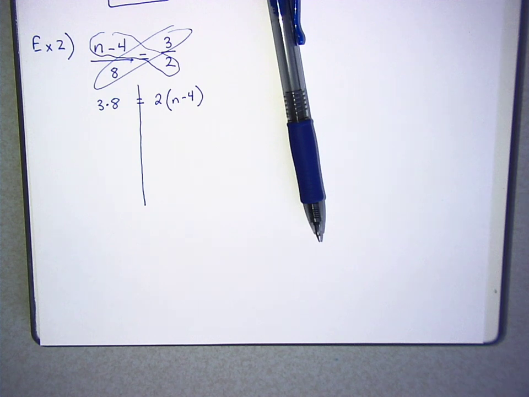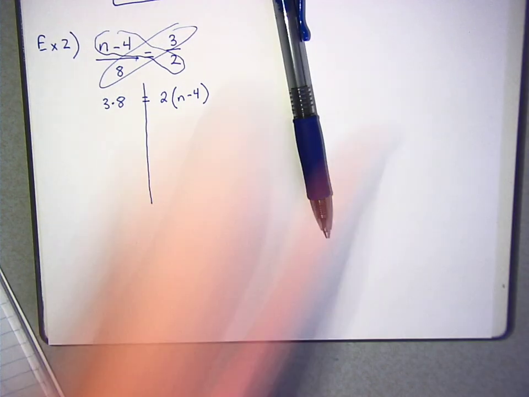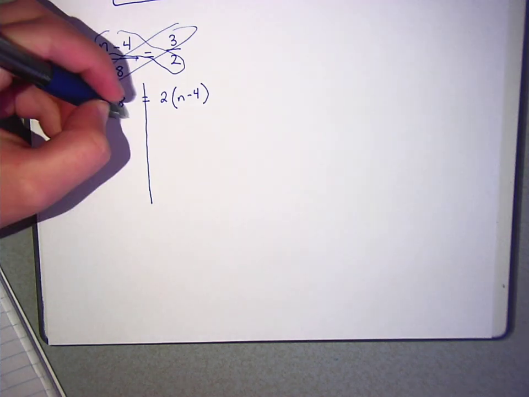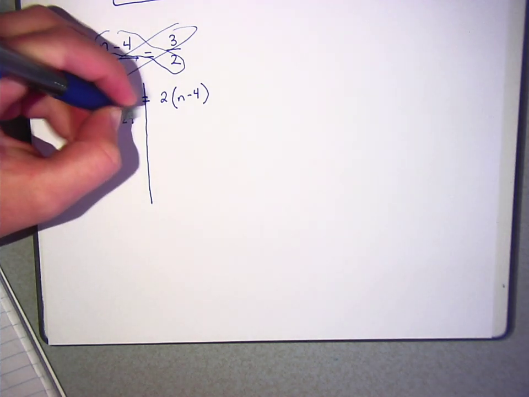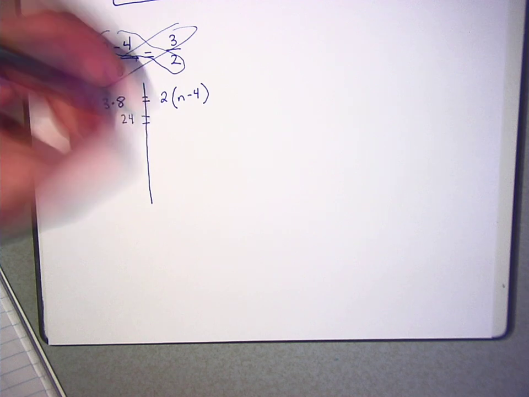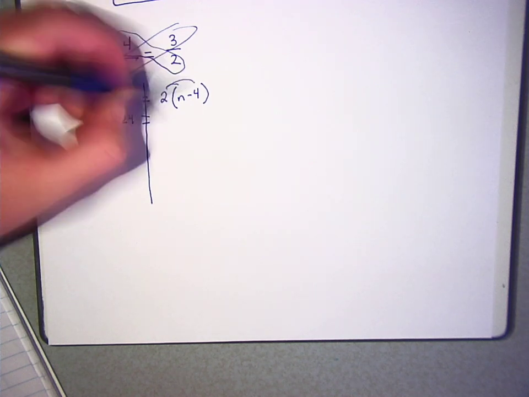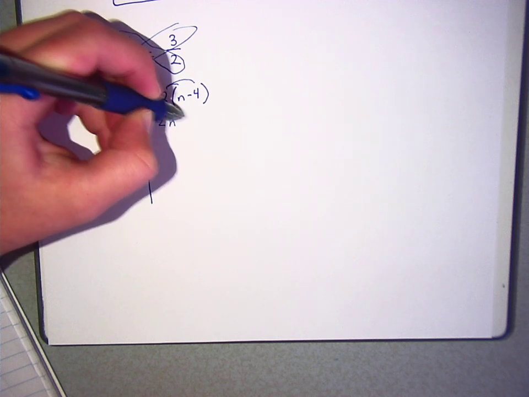Remember, I'm recording, so make sure you're talking loud by the computer. First, what you're going to do is 3 times 8, which is 24. And then distribute 2 to n minus 4, which is 2n minus 8.